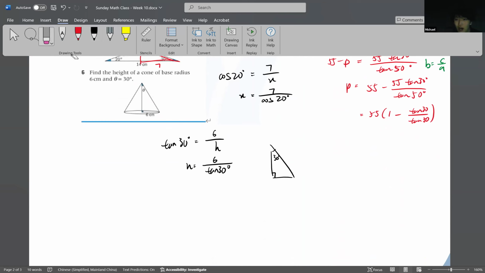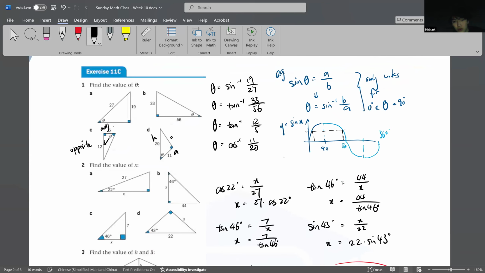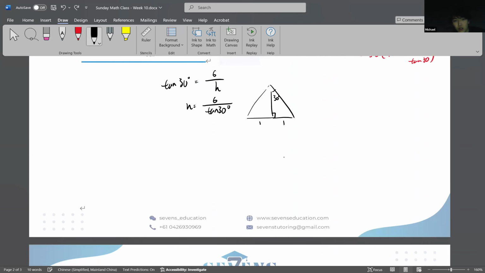This is half of an equilateral triangle, because if we draw the other side, it's an equilateral triangle. So the base is 1 and the diagonal is 2, because the base is half of the base of the equilateral triangle, and the diagonal is the side of the equilateral triangle. Using Pythagoras, we can work out that the height is square root 3. Does this make sense, guys?